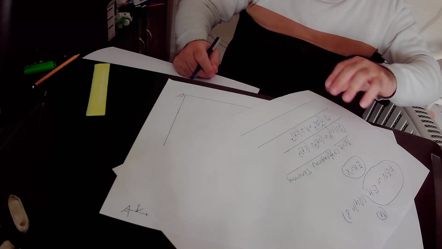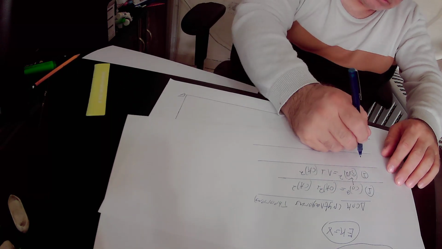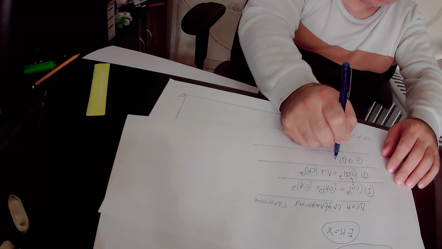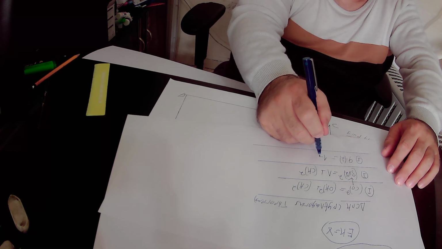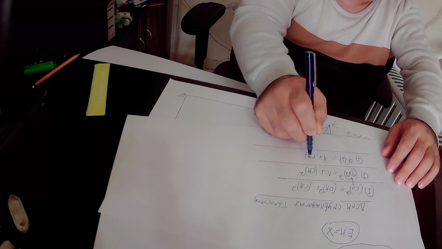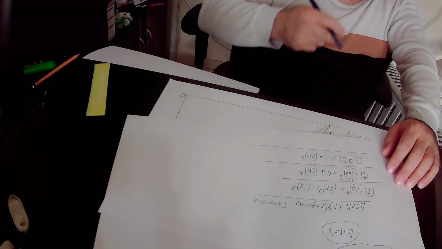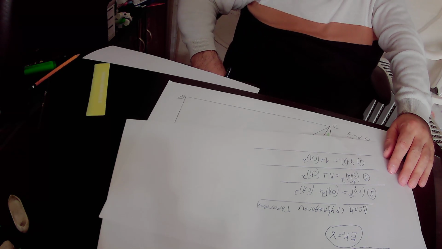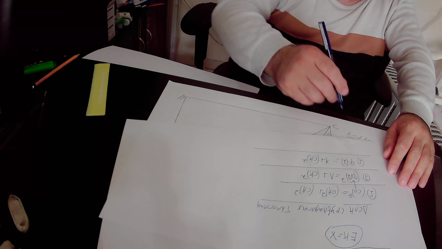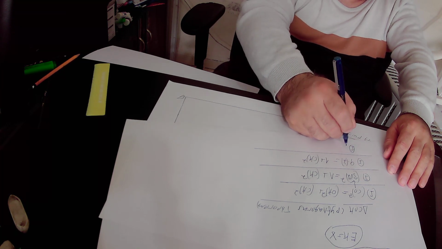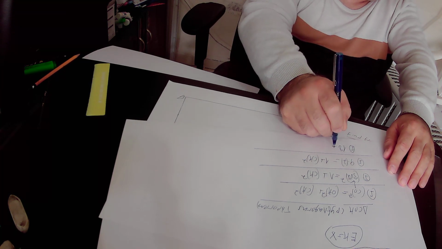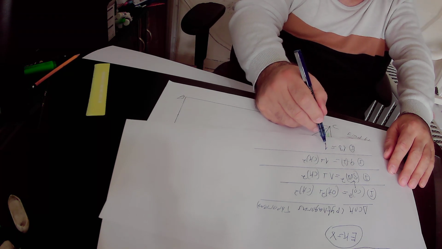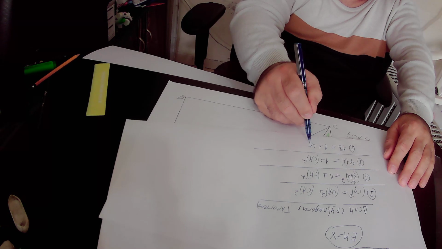So 9 times 2 equals 1 plus CK squared. 9 times 2 is 18. So 18 equals 1 plus CK squared.